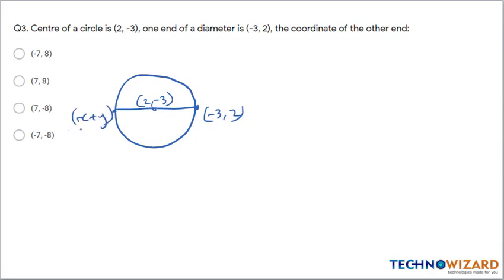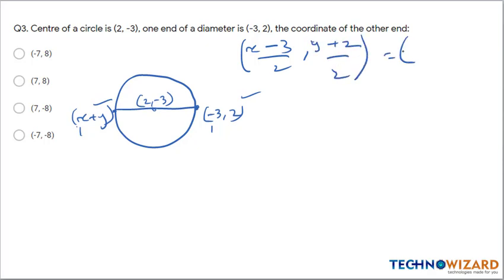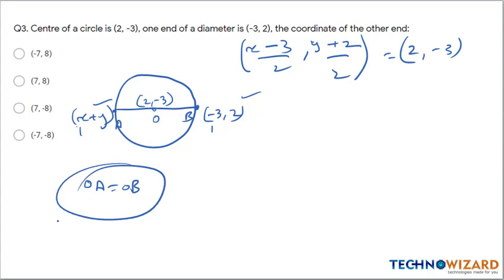By taking the midpoint formula, the coordinates are (x minus 3) upon 2 and (y plus 2) upon 2. These will be equal to the center coordinates, because if I take these points as A and B and the center as O, OA will be equal to OB, since these are radii of the circle, and the radii of a circle are equal at any point on the circle.